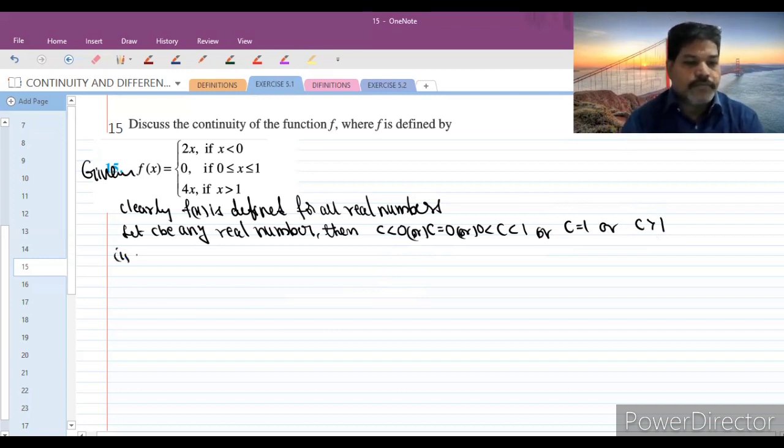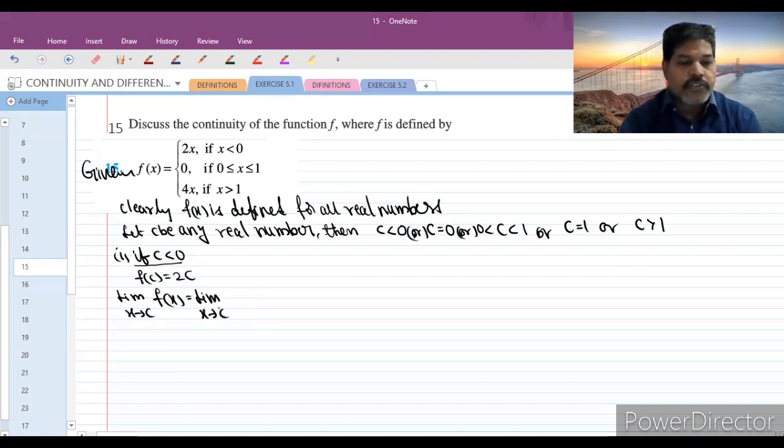Case 1: if C is less than 0, what happens? What is f of C? If x is less than 0, the f of x value is 2x, so f of C will become 2c. Next, the limit as x extends to C of f of x: if x is less than 0, f of x is 2x, so applying C, it will become 2c.